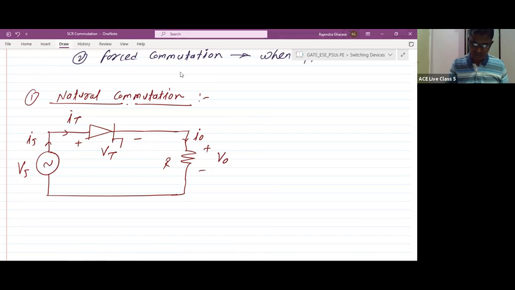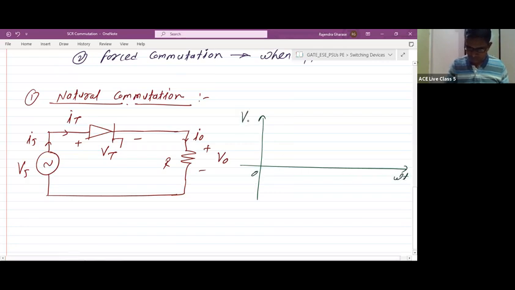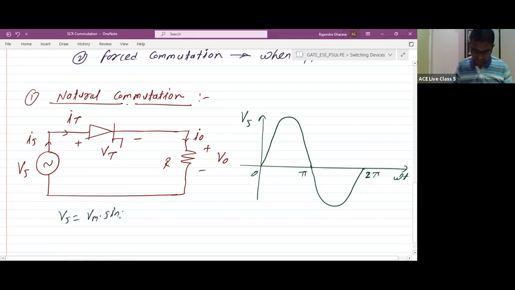Yes, let me draw the supply voltage. It is Vm sin omega t. So it is a sinusoidal voltage, right? Vs is equal to Vm into sin of omega t, for 0 to pi and pi to 2 pi, okay.